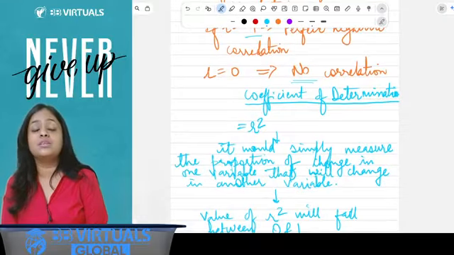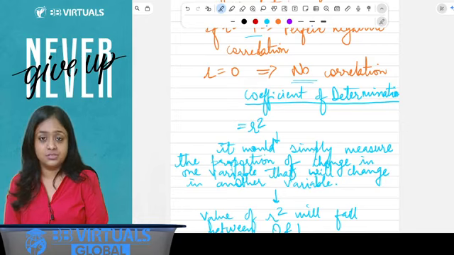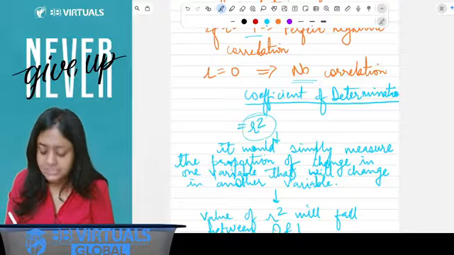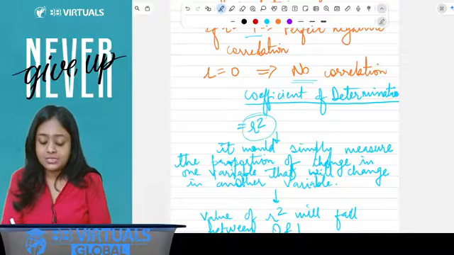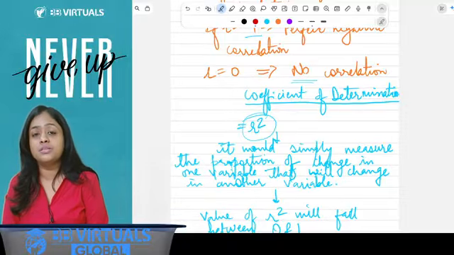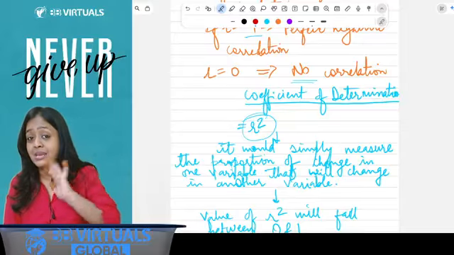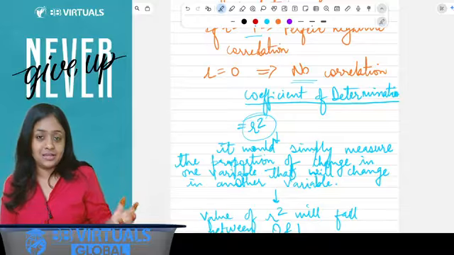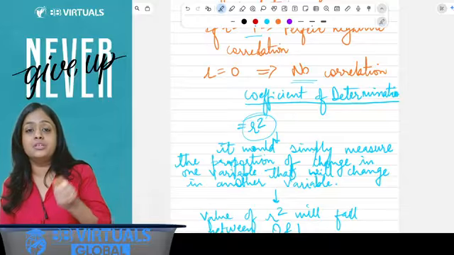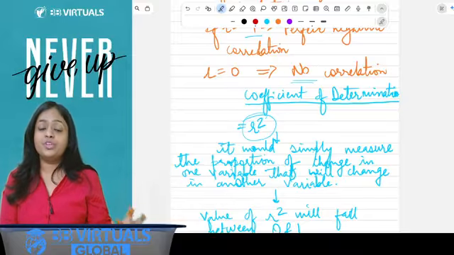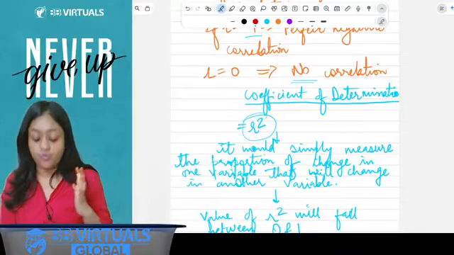Then we have the coefficient of determination. It is simply r square, which is a step ahead of r, because in r I never talked about percentage, right? So r square talks about percentage. If a variable changes by 100%, what is the change in another variable, 50%, 60%, 70%, whatever it is.